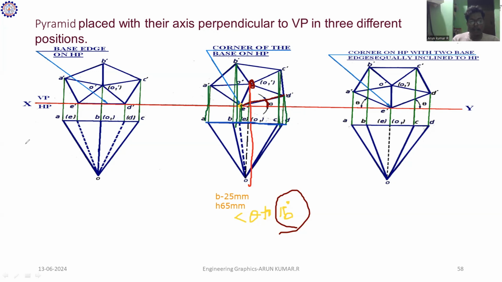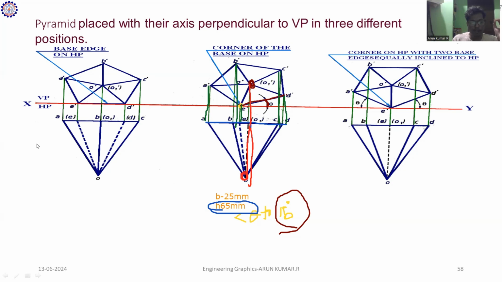From the axis center line, we mark 65 mm. Once you mark 65 mm, you join all the corners, like this.